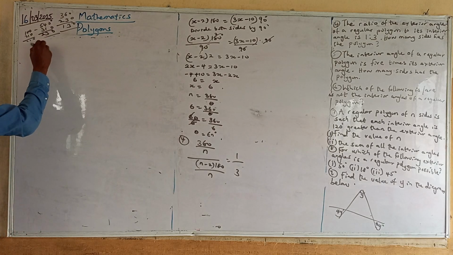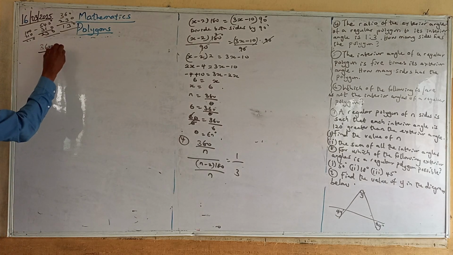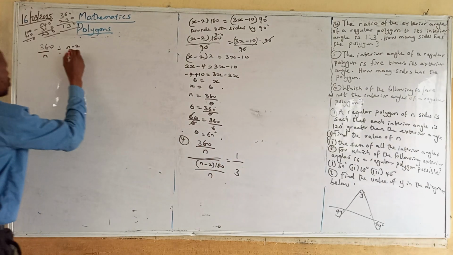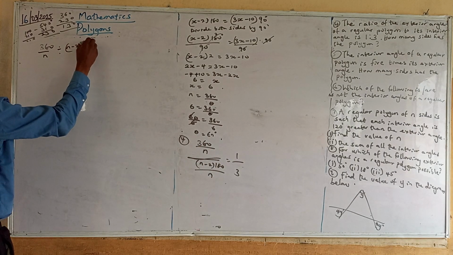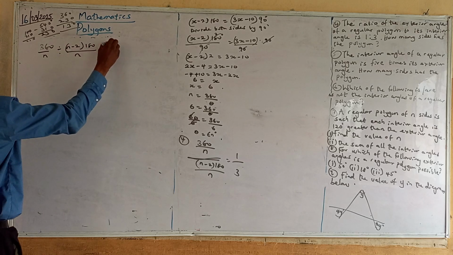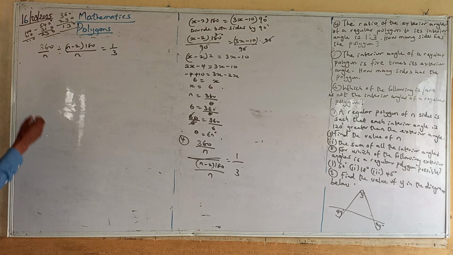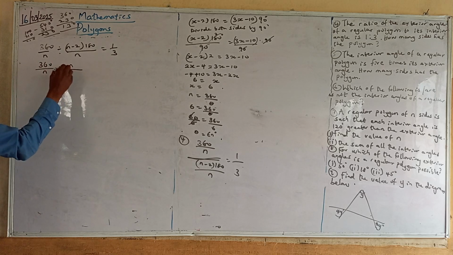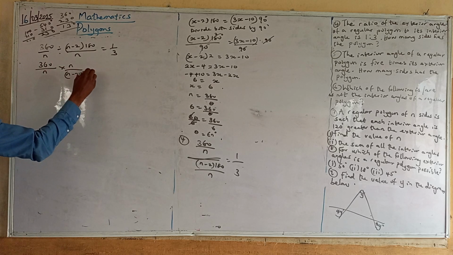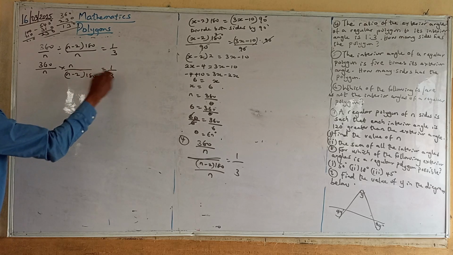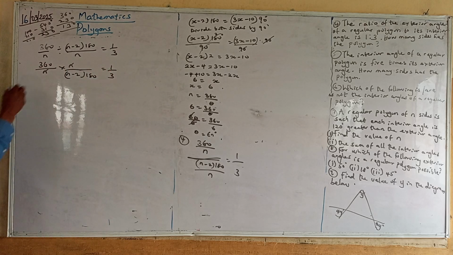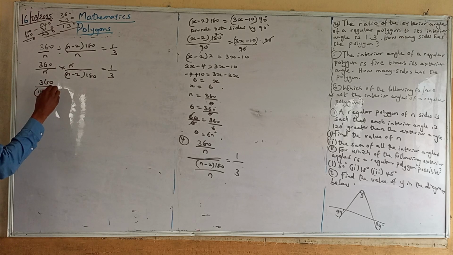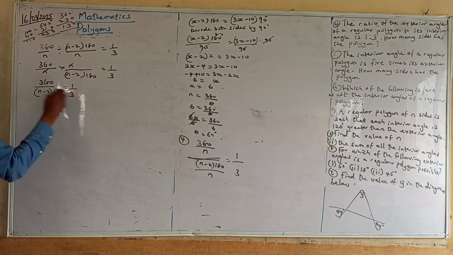So I have 360 over n divided by (n minus 2) times 180 over n, the major division line, equals 1/3. So I have 360 over n times n over (n minus 2) times 180 equals 1/3. N cancels n. So I have 360 over (n minus 2) times 180 equals 1/3.